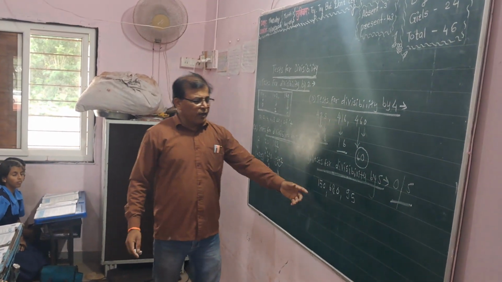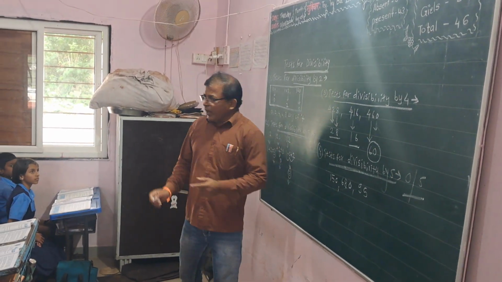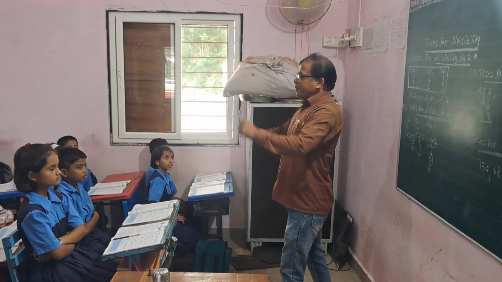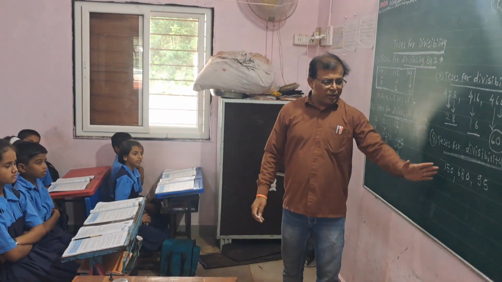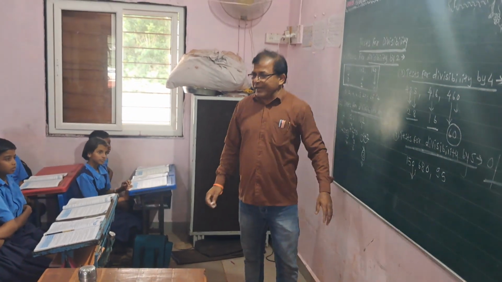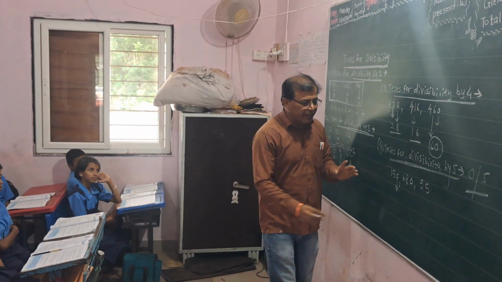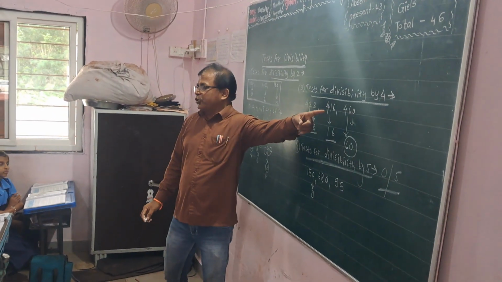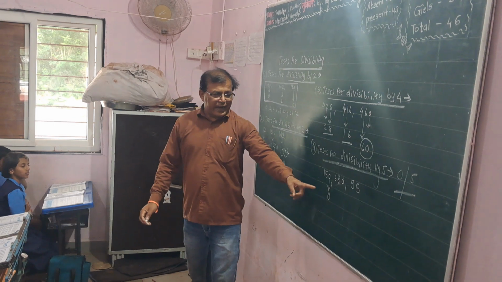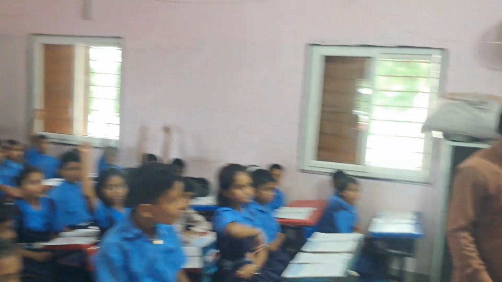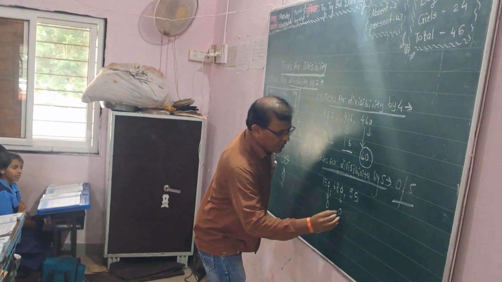Now, here is 150. Only focus on the unit place digit. In this number 150, the unit place digit is 0. Thus, this 150 is completely divisible by 5. Second number 680. Which is the unit place digit? 0.